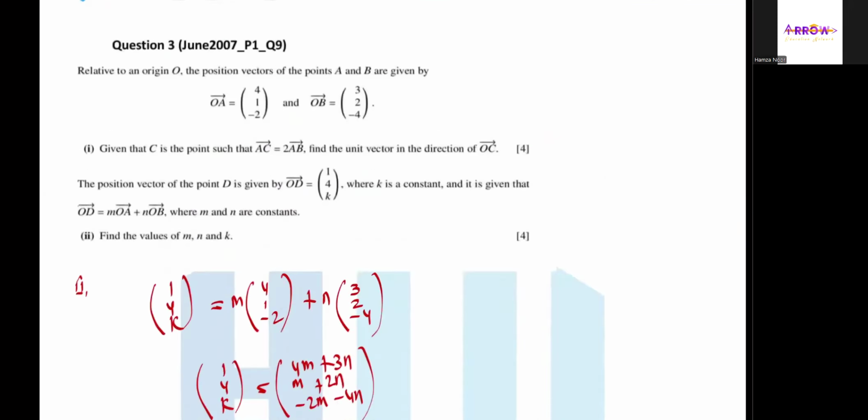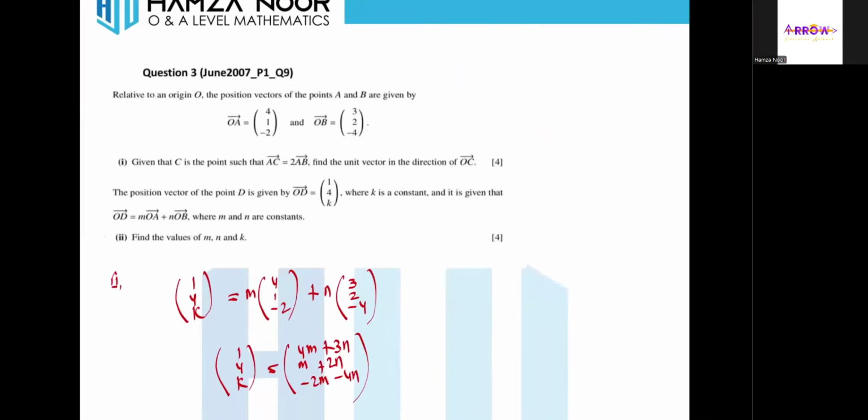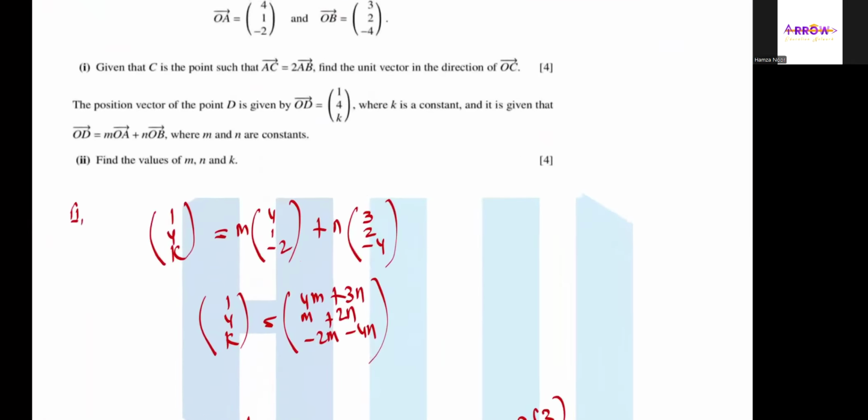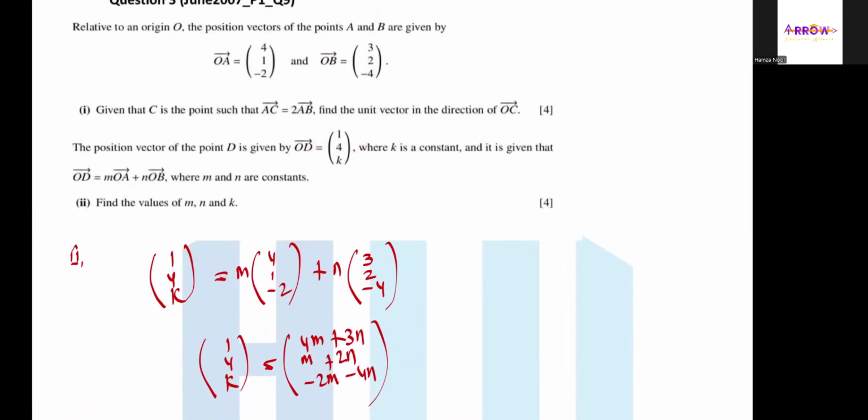For that purpose, I brought the picture of the question on the next page. So OD is 1, 4, K, which is equal to M into OA vector, which is given to us as 4, 1, minus 2, plus N into OB, so N is multiplied by 3, 2, minus 4, as we have the OB vector over here.